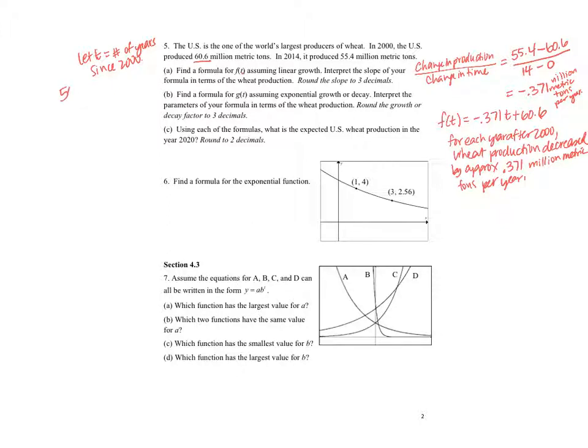So 55.4 divided by 60.6 tells me what percentage change I have over a 14-year period. Well, I want to know the percentage change over a 1-year period, so I can take that to the 1/14th power to get my 1-year growth rate, decay rate.